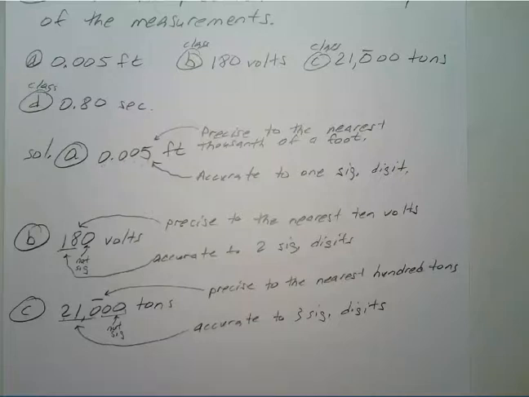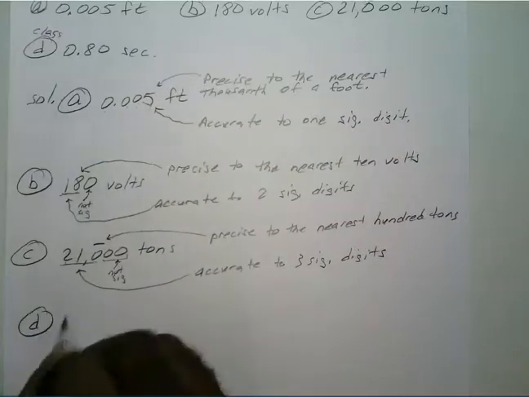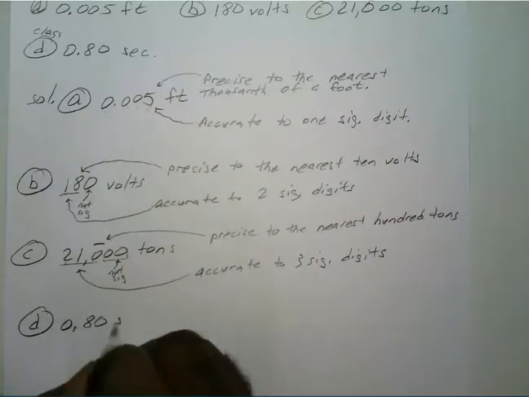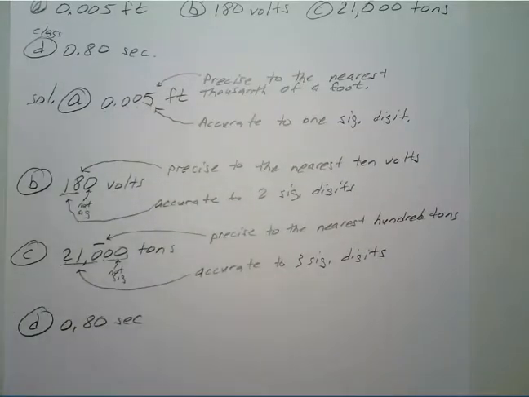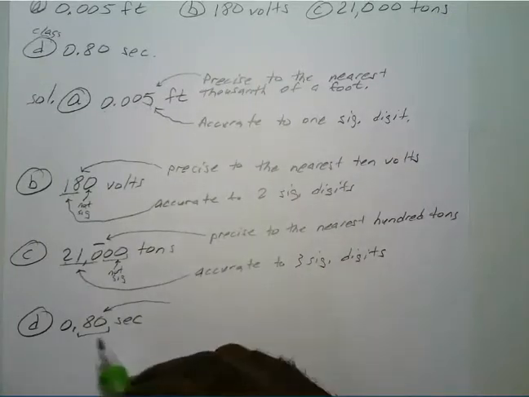All right, and let's do one more. That's our D, 0.80 seconds. You see here that your decimal zeros are significant and your non-zero digits too. So you have your tenth and your hundredth position.